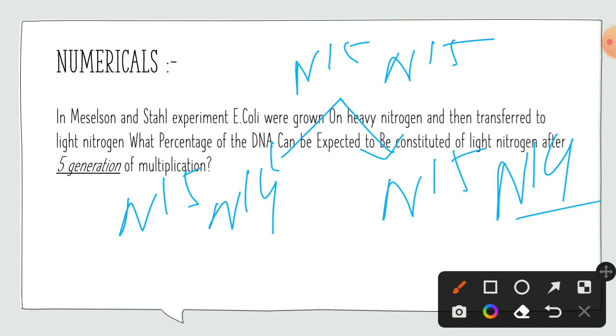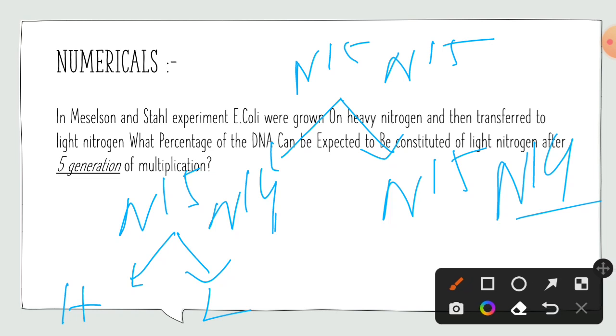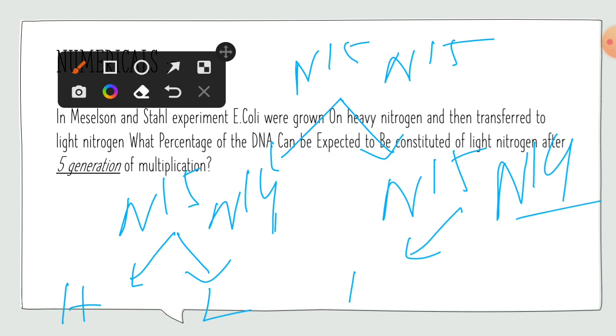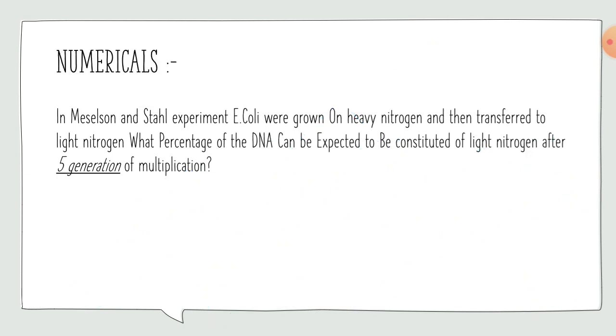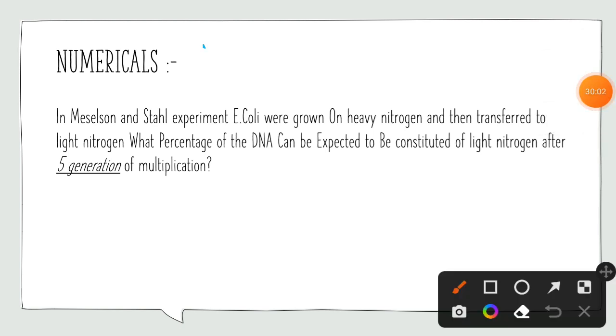Then in the second generation we will get one hybrid and one light, because N14 will pair with another N14, and N15 will get another N14. Similarly here we will also get one hybrid, one light. So this is the end of the first generation, and this is the end of the second generation. After the second generation we have one hybrid, one light, one hybrid, one light.